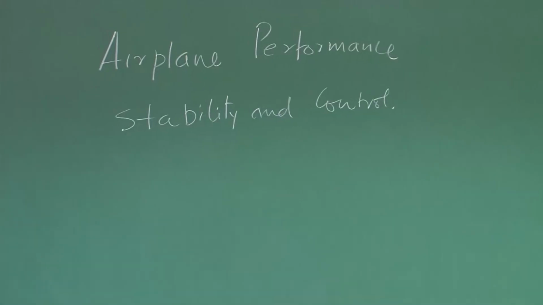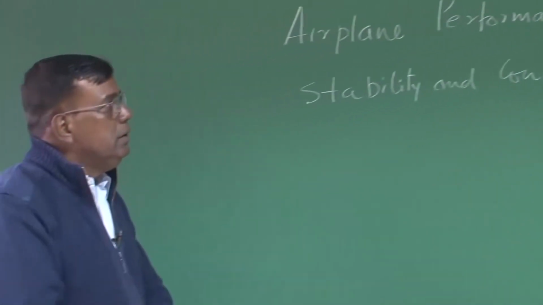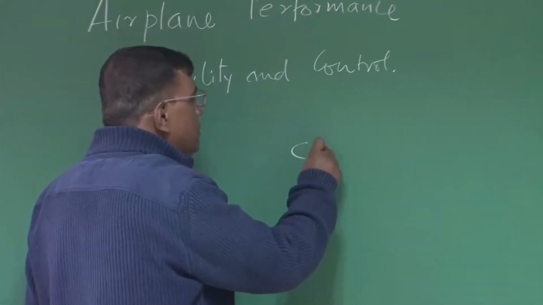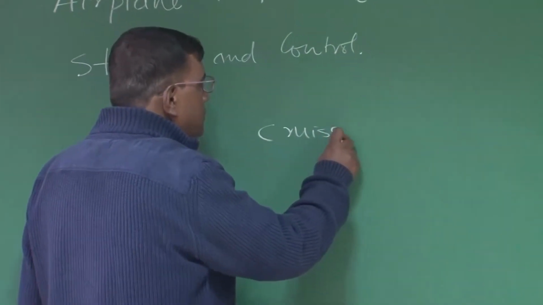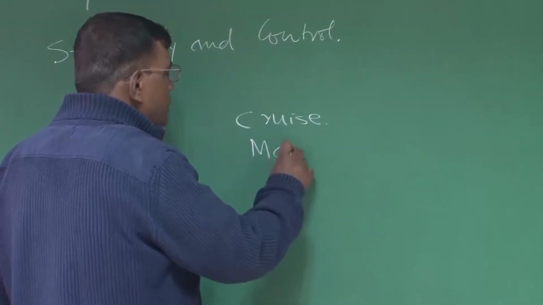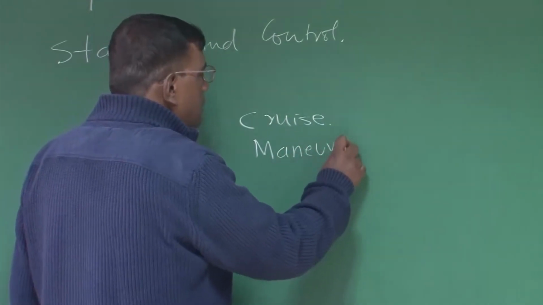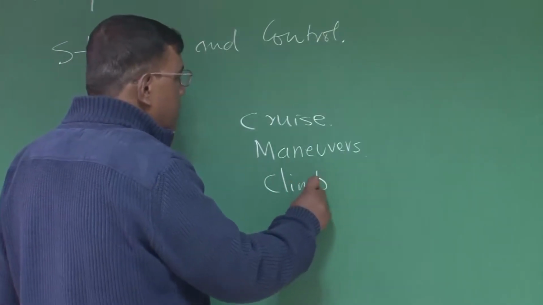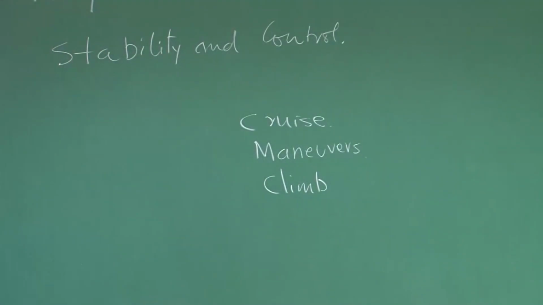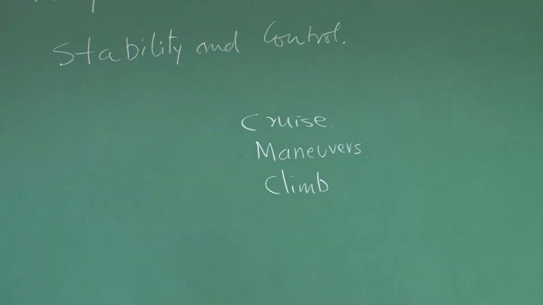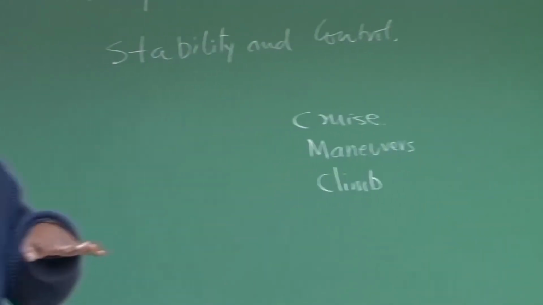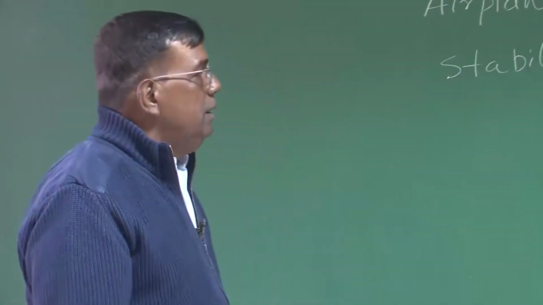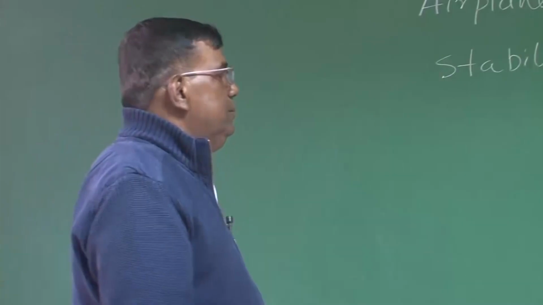And if you recall, when you talk about airplane performance, we were mostly focusing on cruise and few maneuvers. Of course, climb was an integral part of a cruise because once you want to go to an altitude, you have to climb. Initially, you have to go for a takeoff, then climb, cruise, then descent, landing, etc.